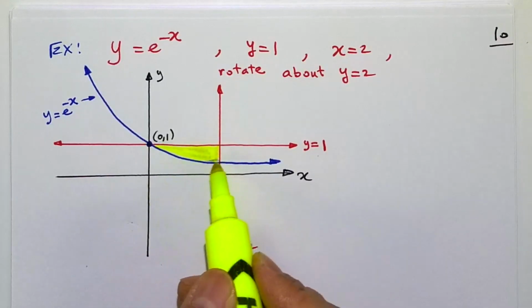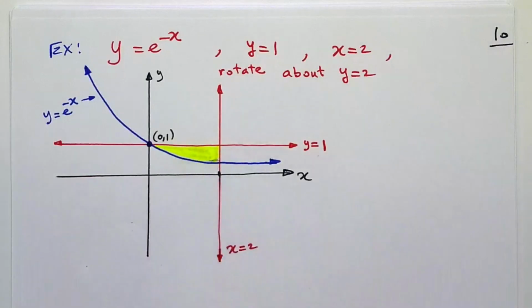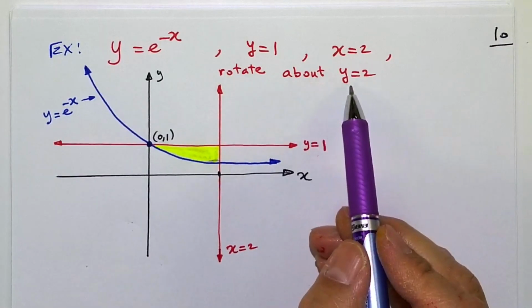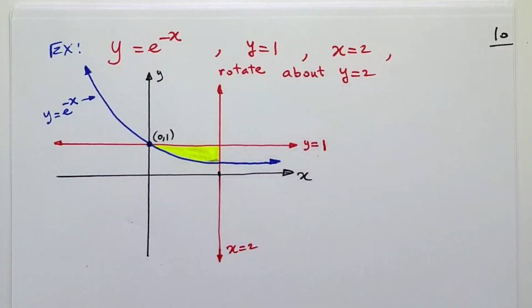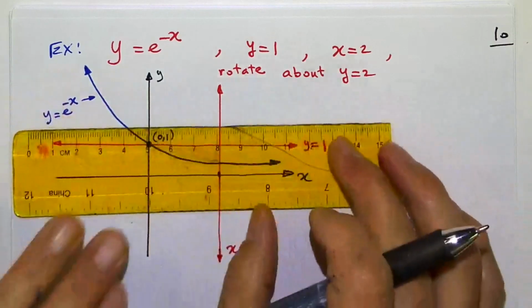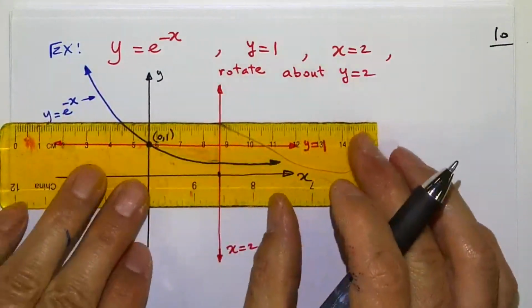I'm sure as soon as you figure out this region, you know this is going to be a washer method, right? So we are rotating this about y equals 2. So y equals 2, let me draw that with my black ink.